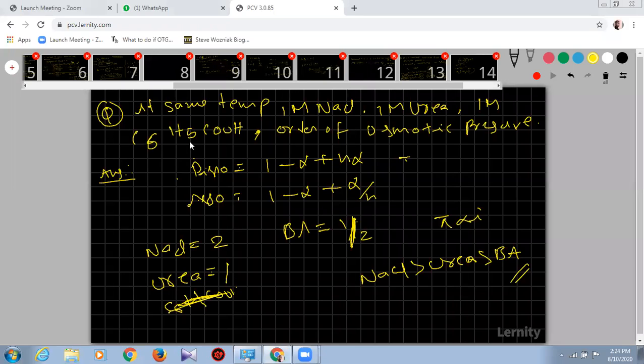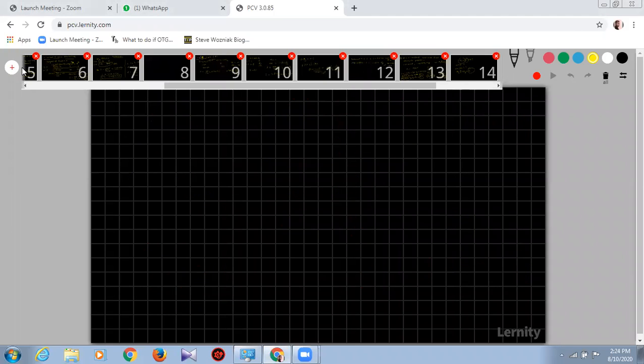Okay, so I'm going for the next problem. Hardly we will discuss one or two problems only. This is a very important model. In the van't Hoff factor you may get this kind of question, sometimes you may get it.